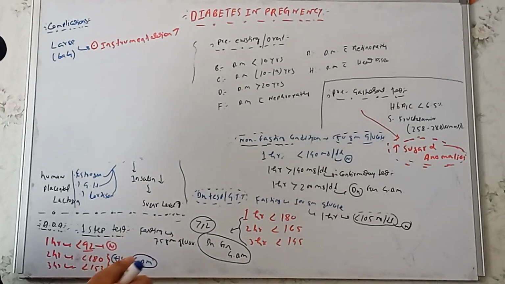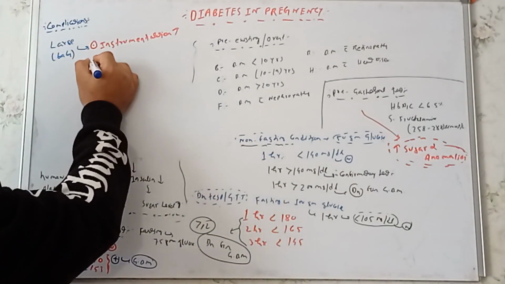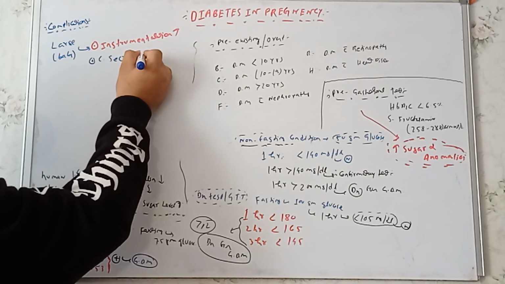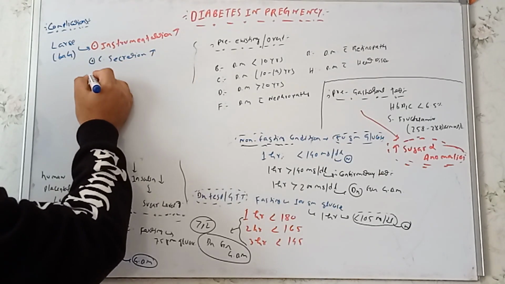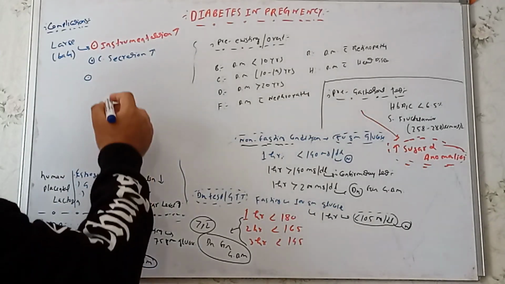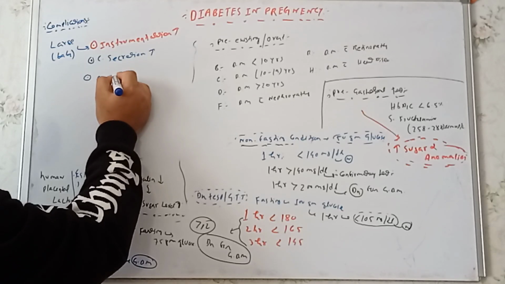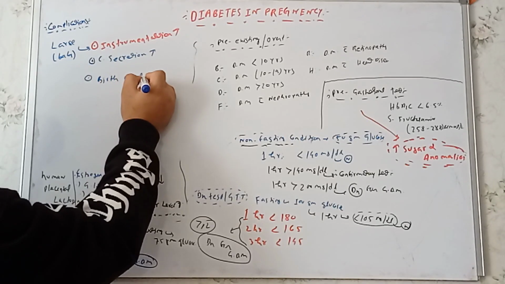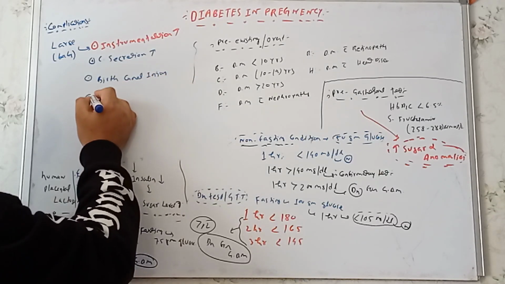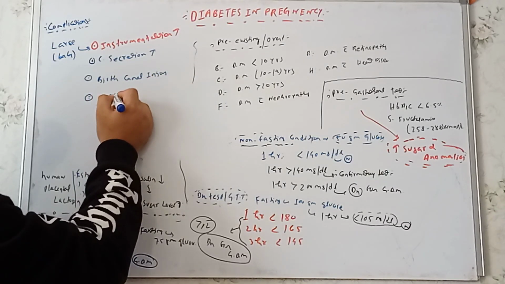Okay. Number two, we have to go for a cesarean section. Cesarean sections will also be increased over here. The third thing, we can see birth canal injury. We can also see postpartum hemorrhage.